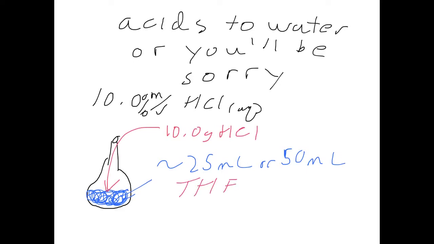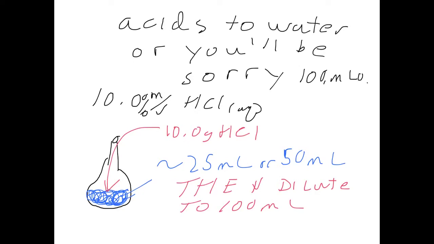Then dilute to 100 milliliters. So when you're working with an acid for safety, you add a little bit of water, then you measure your solute, and then you dilute.